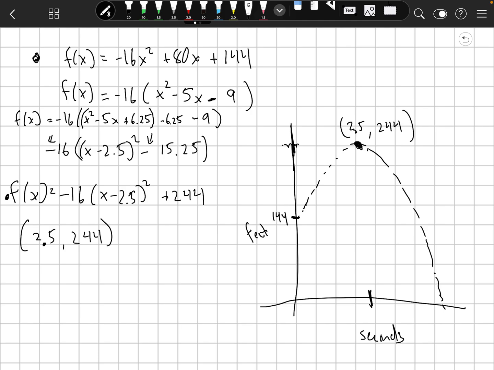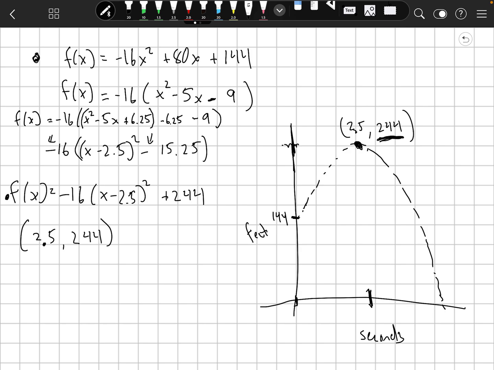So in other words, several things happening here. At 2.5 seconds, we stop increasing and we are going to start decreasing. At 2.5 seconds, we've reached our maximum height. And at 2.5 seconds, that maximum height is 244 feet in the air.